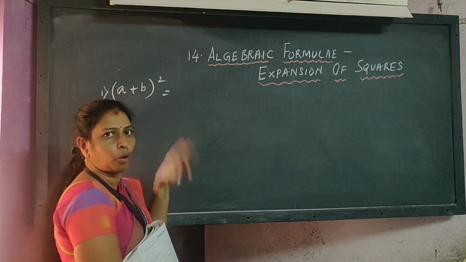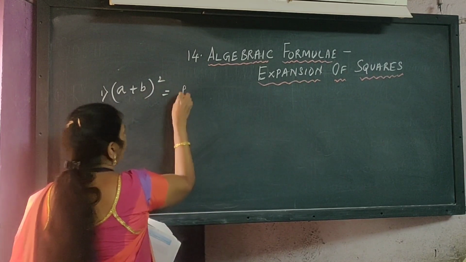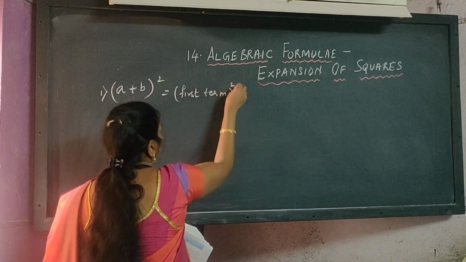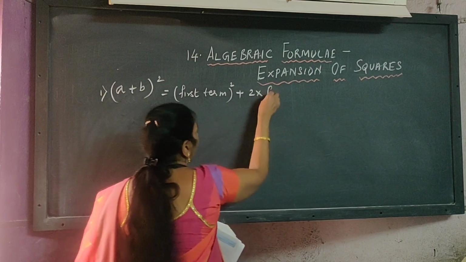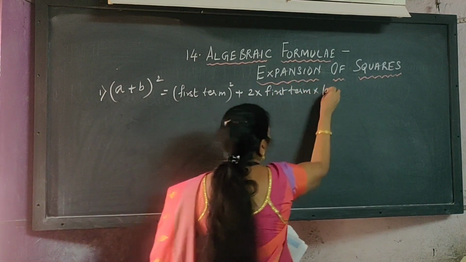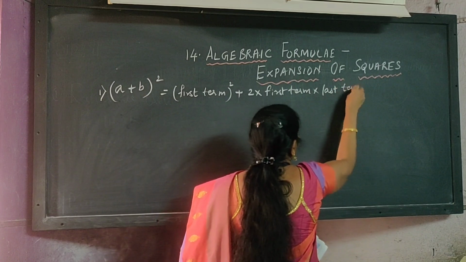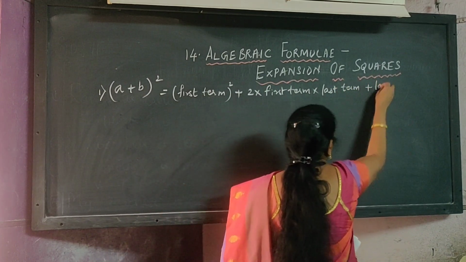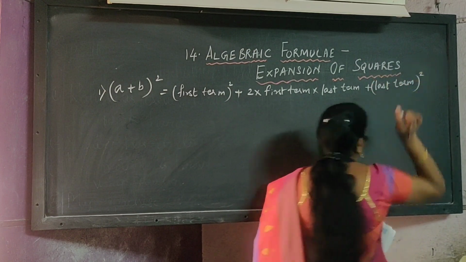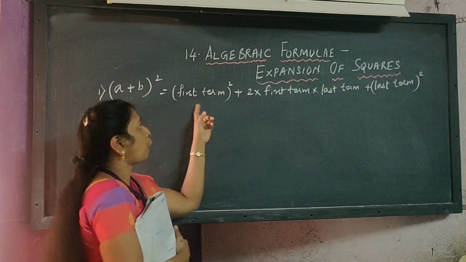So, according to this formula, we will write first term square, plus 2 into first term into last term, plus last term the square. So here this is the formula.